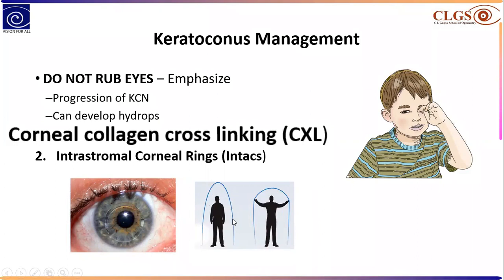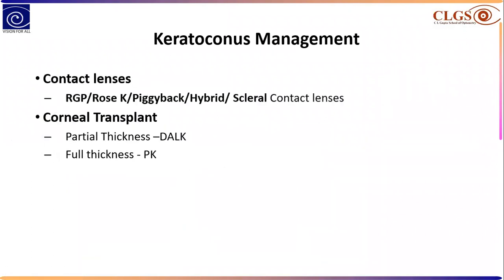What these intacs rings do is stretch the cornea, so it makes the cornea a little bit flatter. That's how these intact rings are used to improve visual acuity in keratoconus patients by decreasing the amount of astigmatism, and they have been approved by the FDA also.